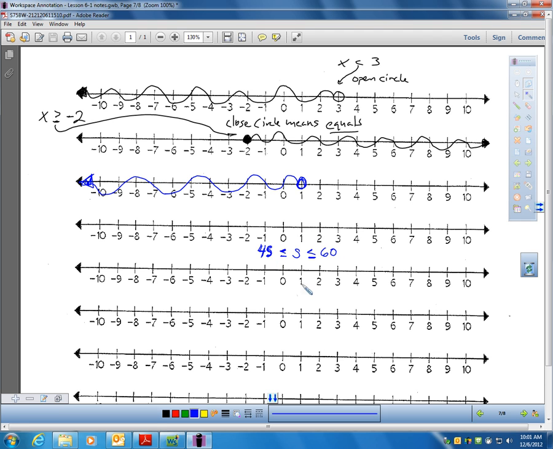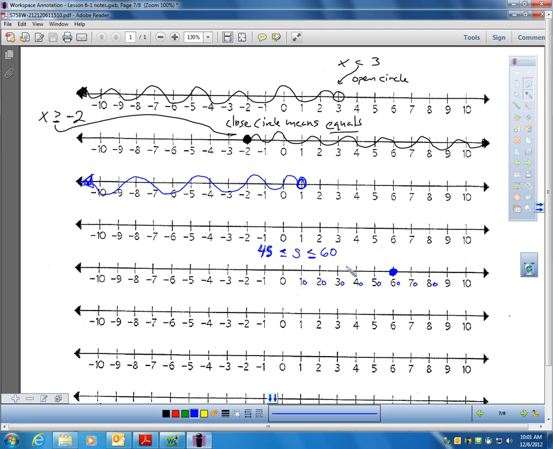Now I just need to graph this. So let me change my scale. Instead of 1 unit at a time, I'm going to call this 10 miles per hour, 20, 30, 40, 50, 60, 70, and so on. My maximum speed is 60, and it equals 60. So I'm going to put a closed circle at 60.